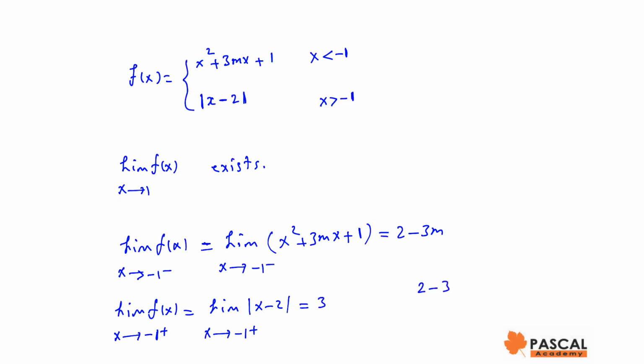Therefore, 2 minus 3m must be equal to 3. That means m is negative 1 over 3.